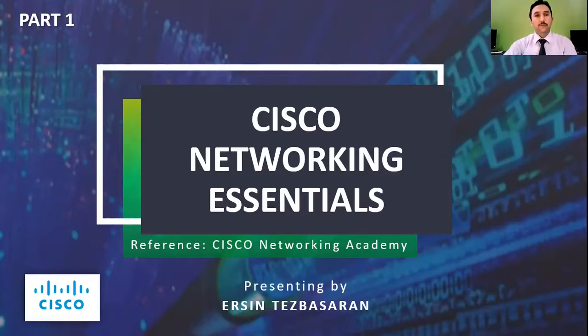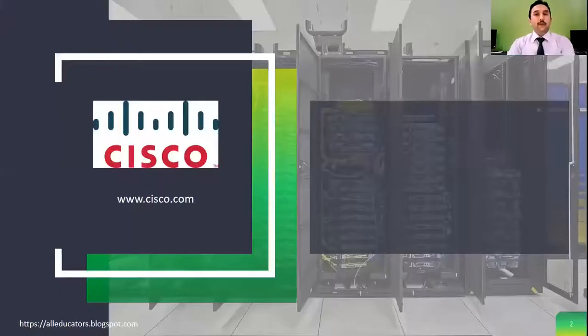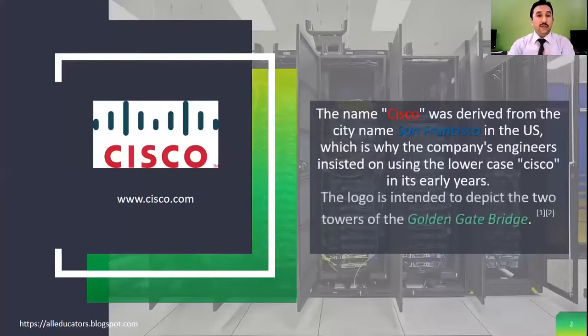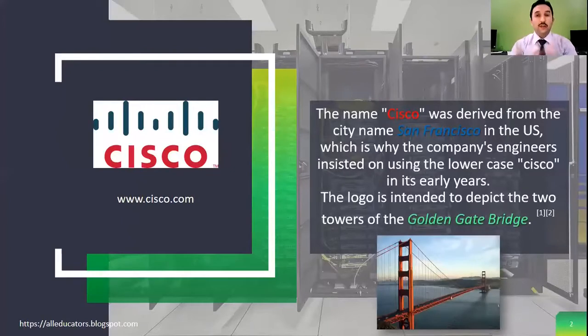Okay, let's continue. Now, let's learn what CISCO is. The name CISCO was derived from the city name San Francisco in the US, which is why the company's engineers insisted on using the lowercase cisco in its early years.